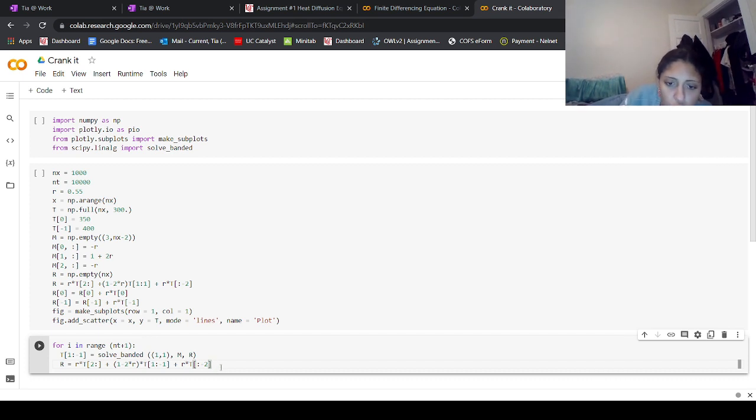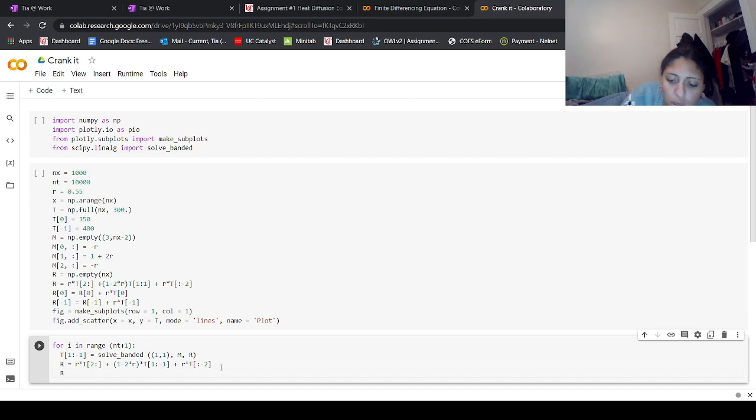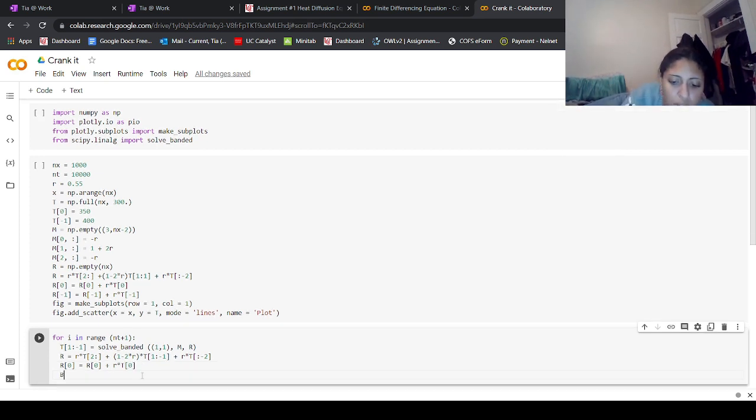So right side is 0, because it's going to be the first position, and so then r of 0, plus r times t of 0, and then we're going to do the next one, so it goes backward, is equal to r of 0.